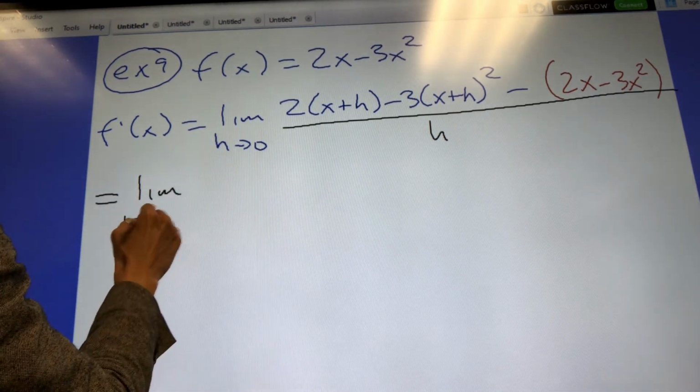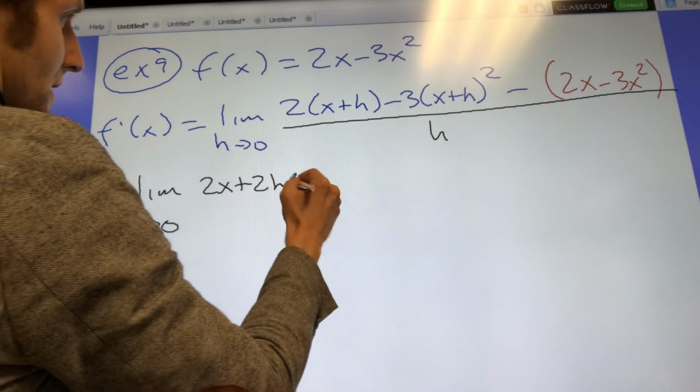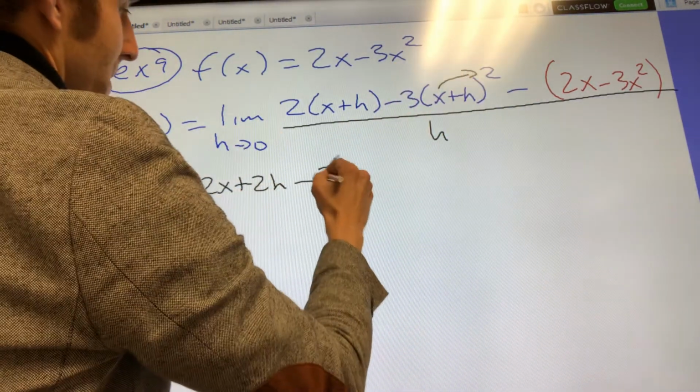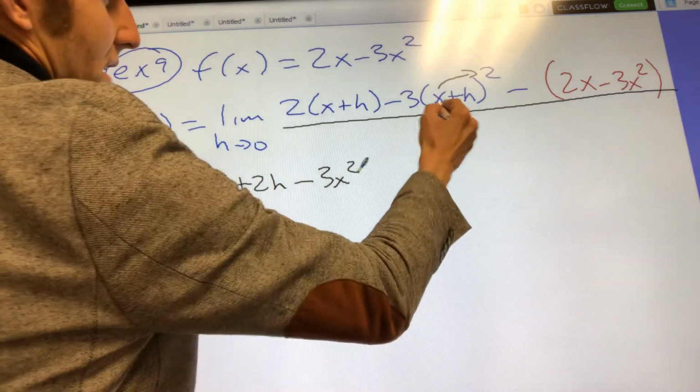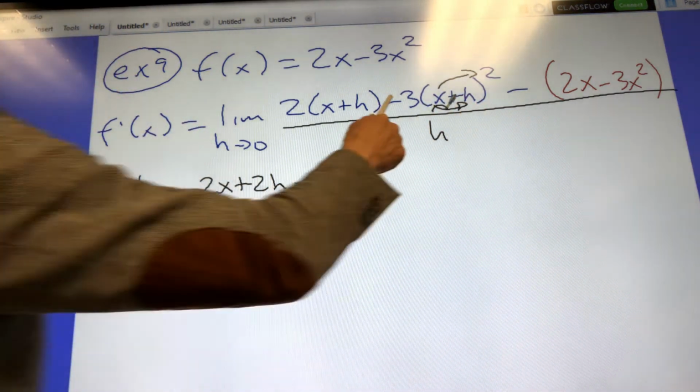So the limit as h goes to 0 of 2x plus 2h minus, again, here's what we're doing in class. That's x squared. It's going to be multiplied by -3. The inner product is xh, double it, 2xh, multiplied by -3.